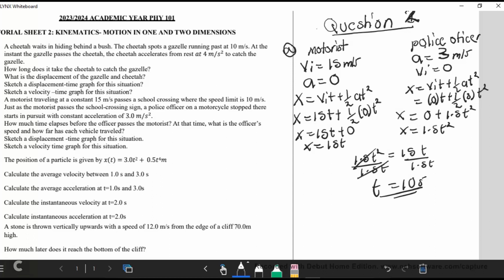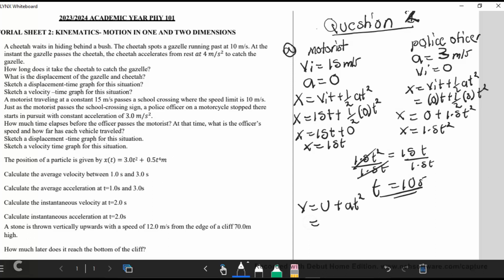This question says, how much time elapsed before the police officer passes the motorist? They are saying that at that time, what is the officer's speed? So how are you going to calculate that one? You say V is equal to initial velocity plus AT, such that what's the initial velocity of the police officer?